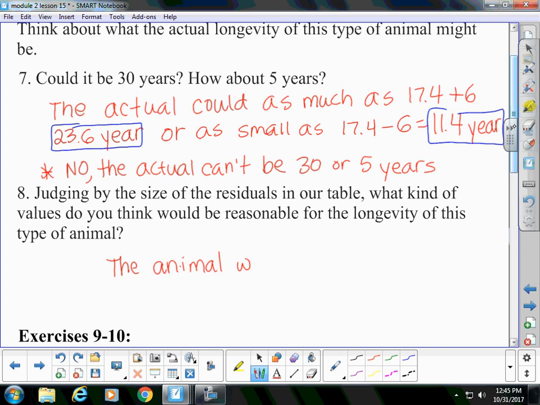The animal would be between 11 to 23 years, because it could only go as much as 6 more than what we had calculated it to be, or 6 less than what it was calculated to be.